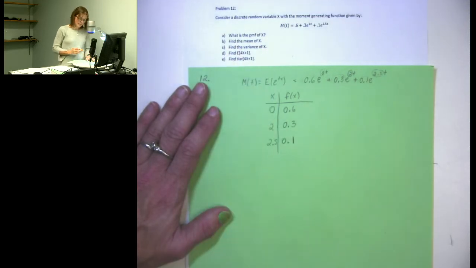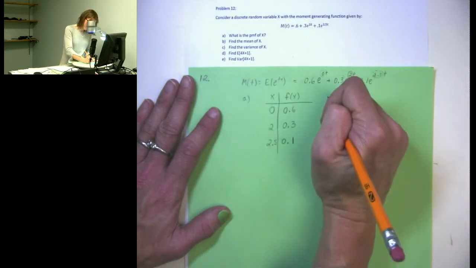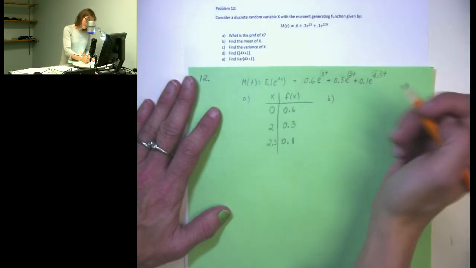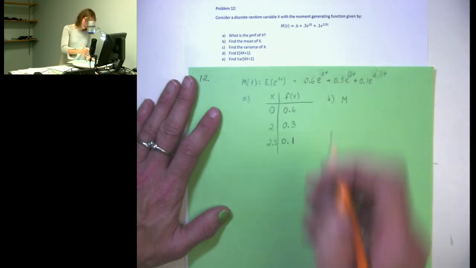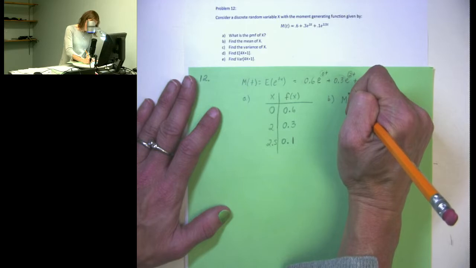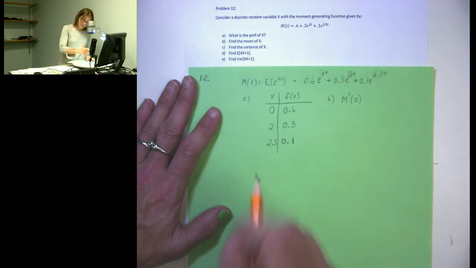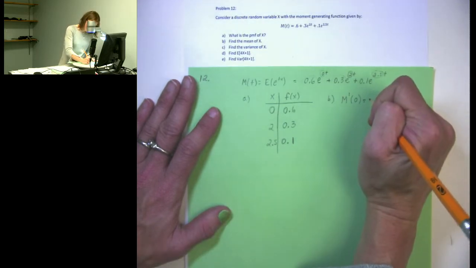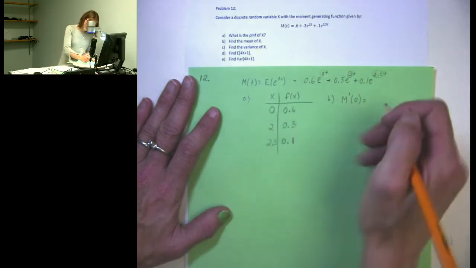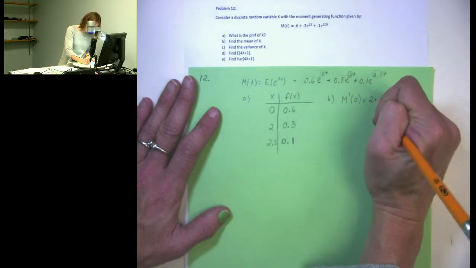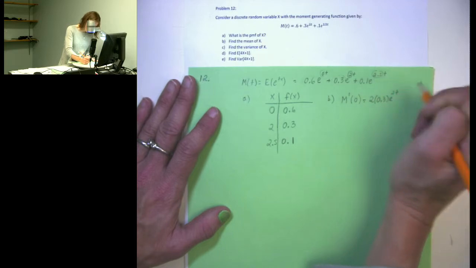Now, part B asks us to find the mean of x. I can use the moment generating function to do this, or I could use the probability mass function. If I'm using the moment generating function, I'm going to take the first derivative and evaluate it at 0. So 0 times this whole piece goes away, and I get 2 times 0.3 times e to the 2t.